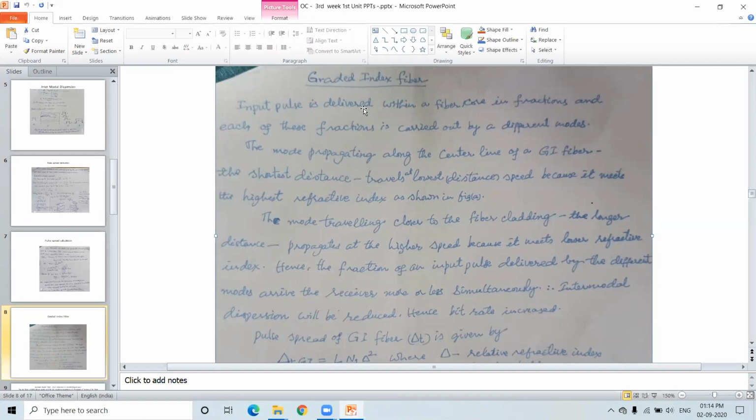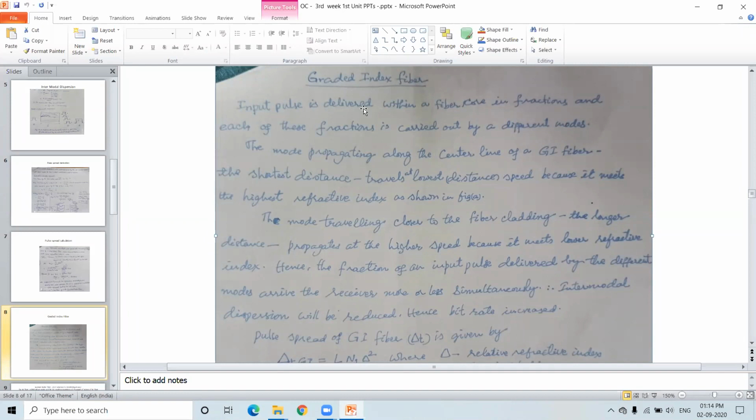Pulse spread will be reduced. This is what is taking place in the graded index optical fiber. Nothing more than this. So what is that? We are making all the four modes, 0, 1, 2, 3 for convenience, reach the destination end of the fiber more or less simultaneously. That is what is taking place.